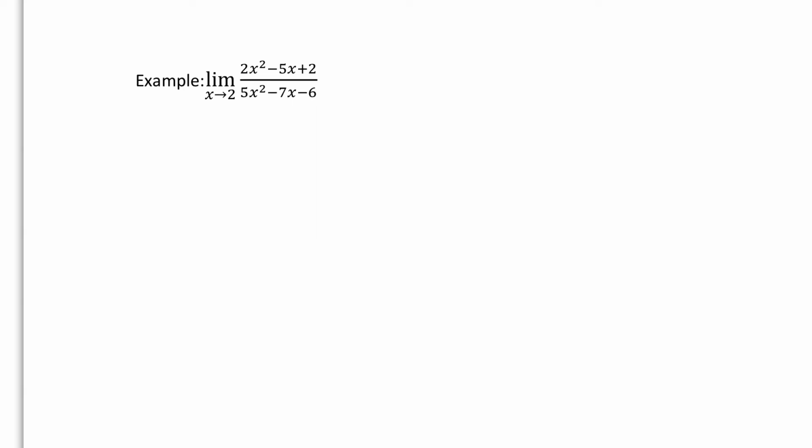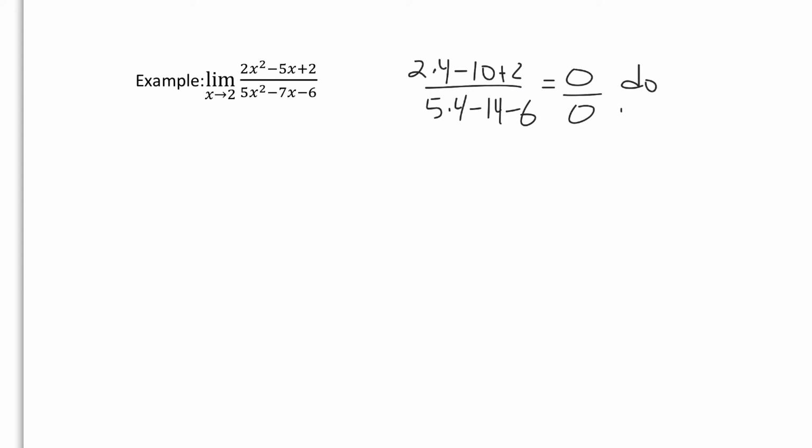So 2 squared is 4, so 2 times 4 minus 10 plus 2 over 5 times 4 minus 14 minus 6. Well, that's going to give me, oh, that's 0 in the top. 8 minus 10 plus 2 is 0. And 20 minus 14 minus 6, that's 0. Yep, we've got to do more work.